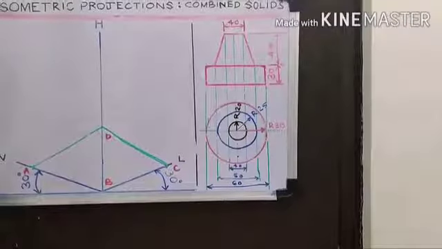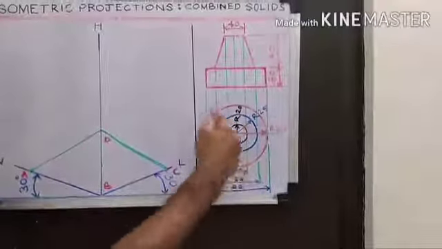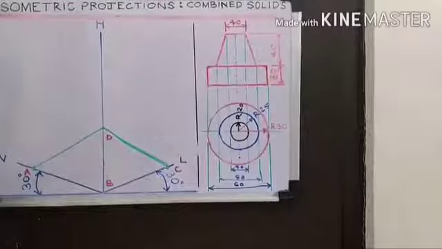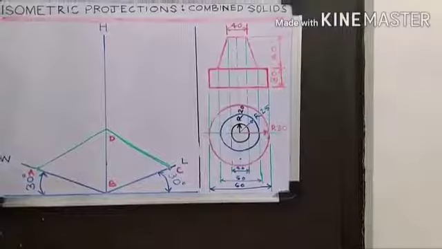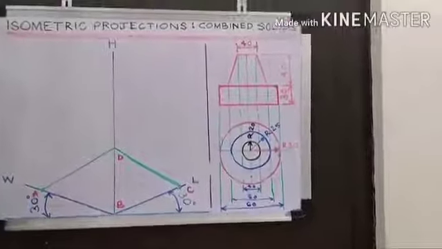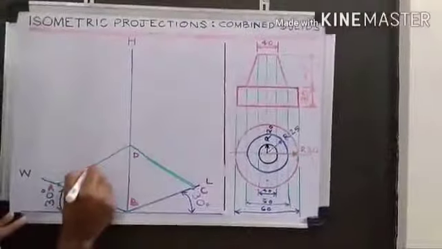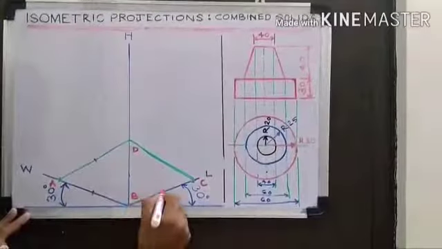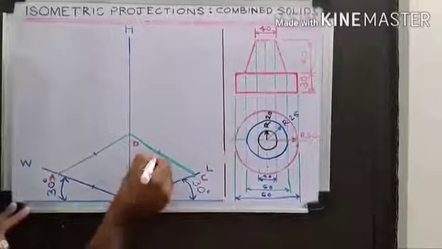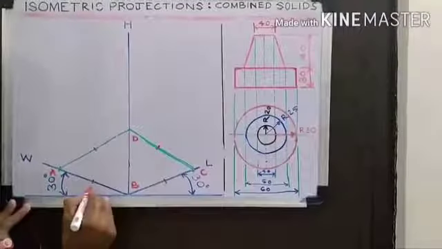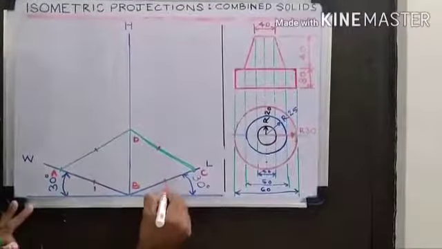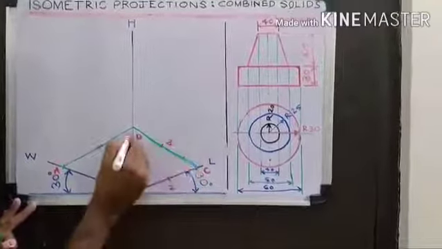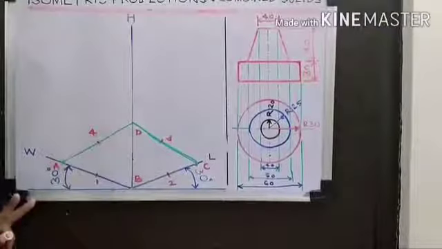Now a circle looks like an ellipse in a rhombus by using the four center method. Procedure, you know it. Midpoint of AD, midpoint of AB, midpoint of BC, midpoint of CD. Midpoint of AB 1, midpoint of BC 2, midpoint of CD 3, midpoint of DA 4.